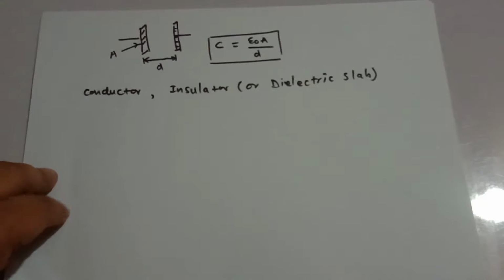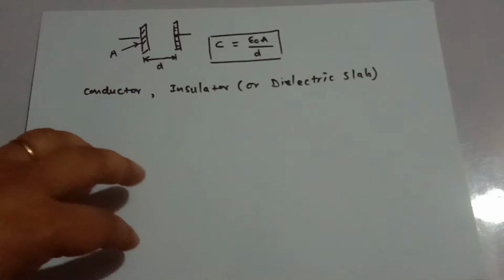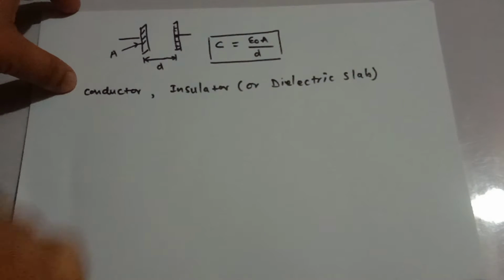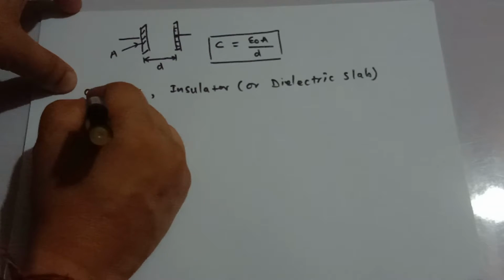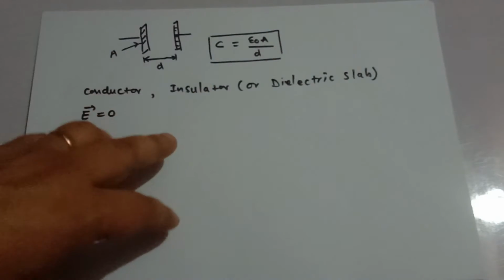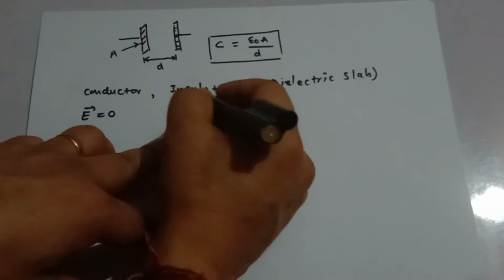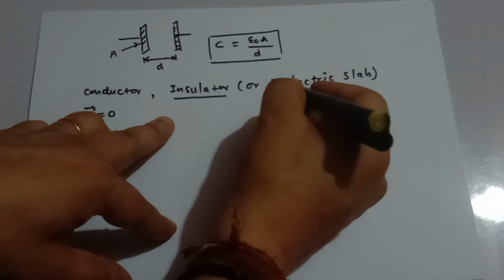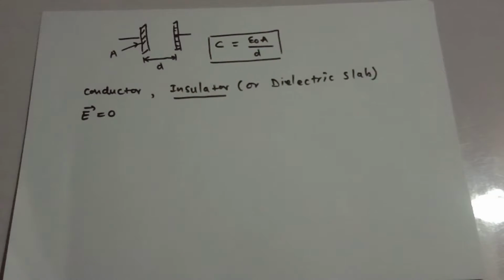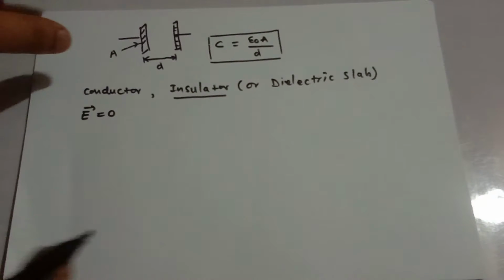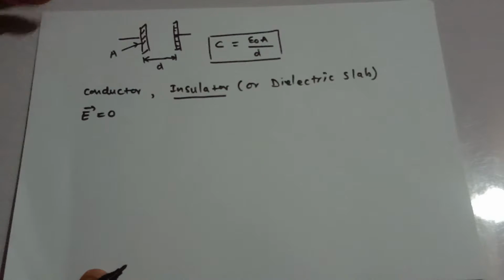One thing we need to consider here is that the conductor has an electric field inside it as 0, while the insulator or a dielectric has a net electric field, and that net electric field is not 0.